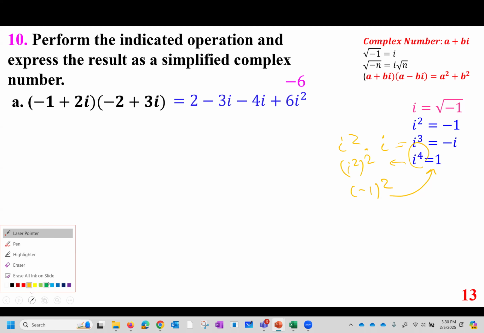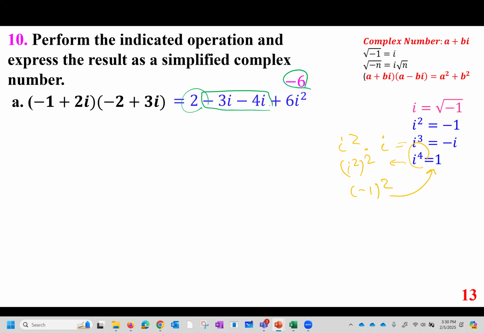You can add these two numbers to get to negative 4, and these two to get to negative 7i. All right.